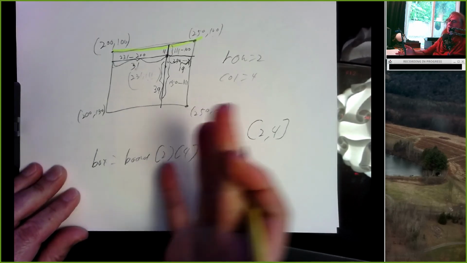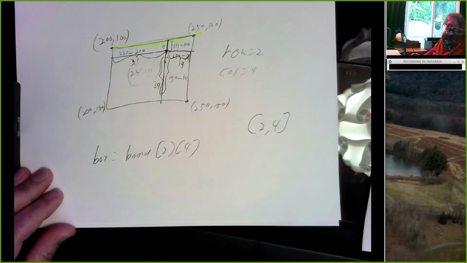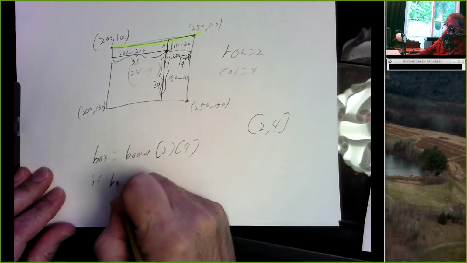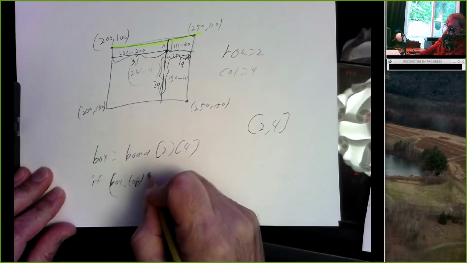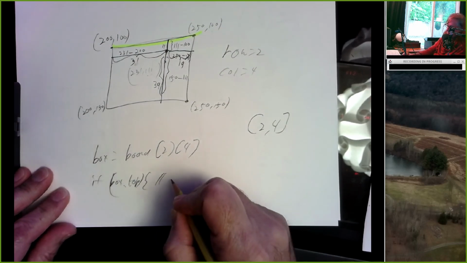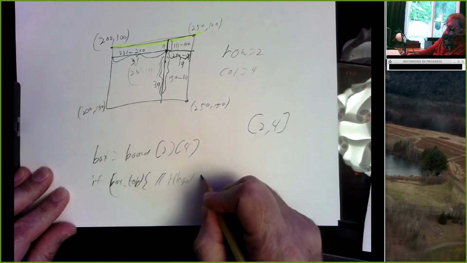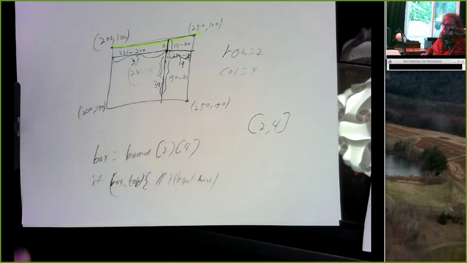These aren't hardwired, they come from doing this calculation. And then if box.top, that's an illegal move because the top field has already been set true. So they're trying to click on a line that already exists.